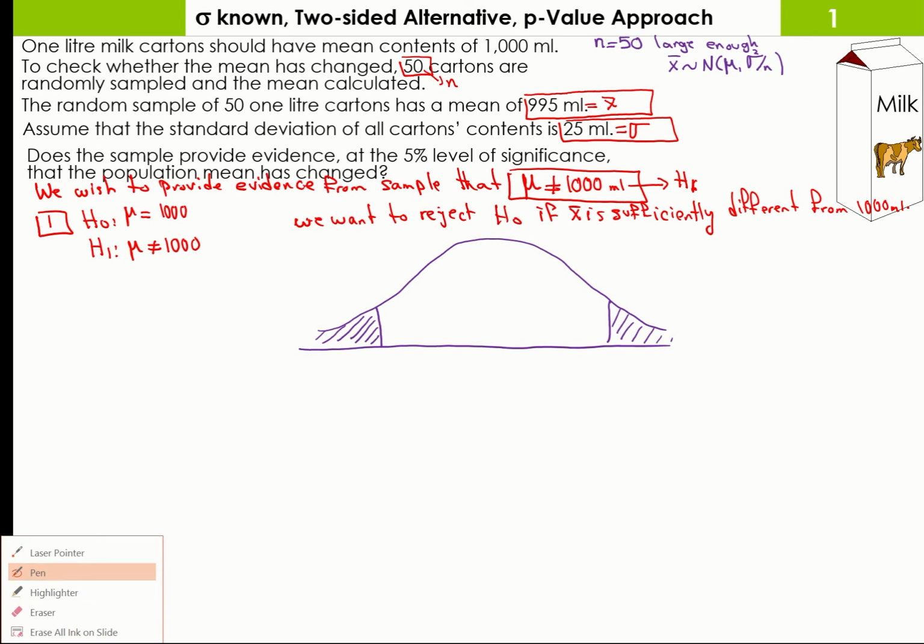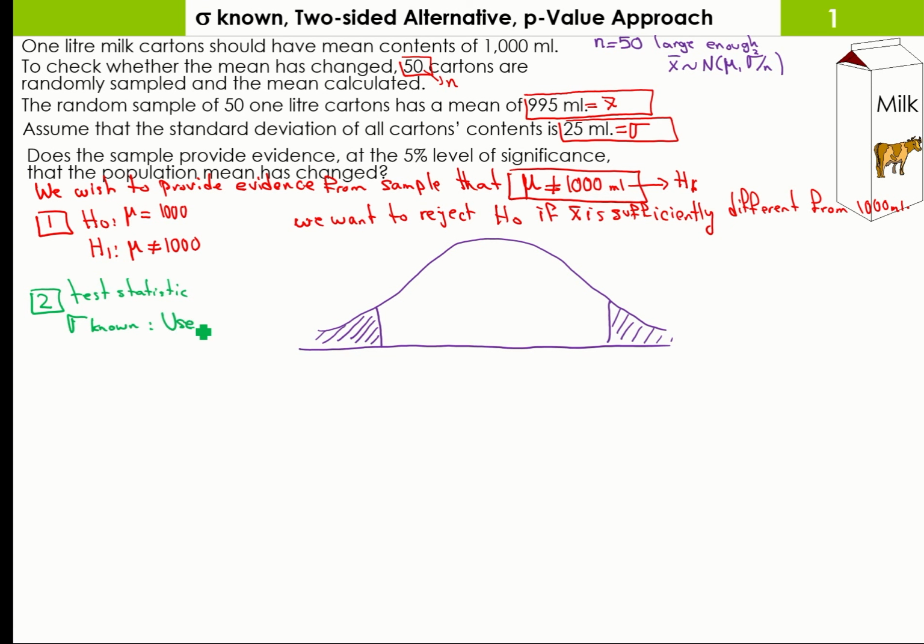Okay, so when we want to find the test statistic, we see here that sigma is known and it tells us that we use the z values to find the test statistic in this example.